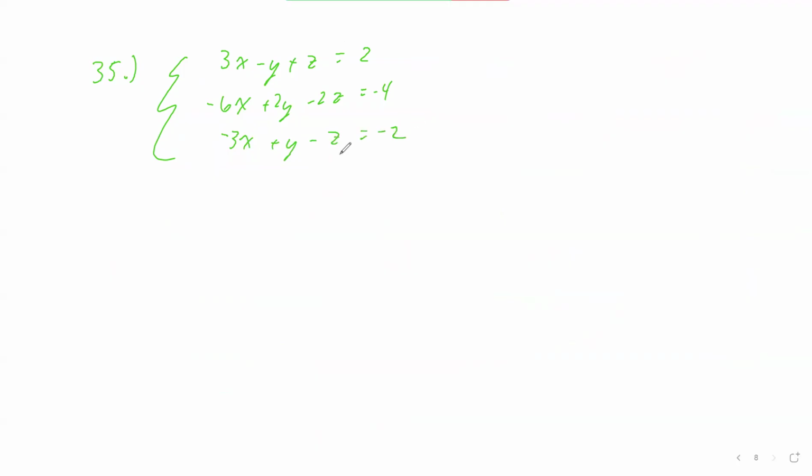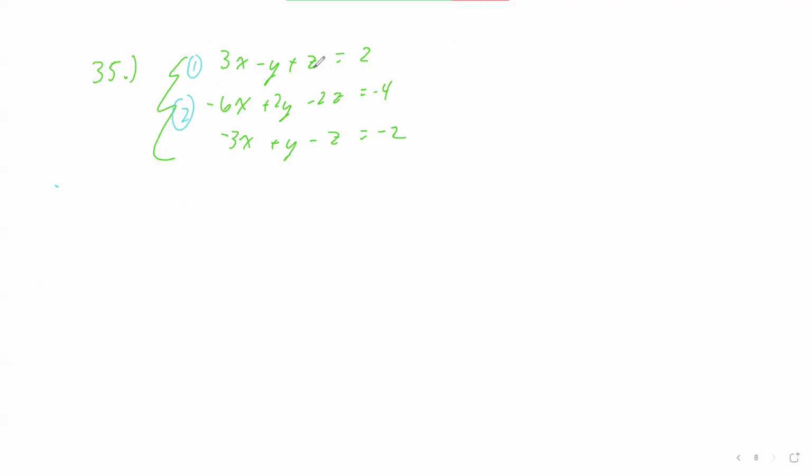My goal here is to take each set of equations, 1 and 2, and then you could do 2 and 3, and eliminate z. You can actually eliminate whatever you want, but for the sake of a good lecture, I'm going to take the first two equations.